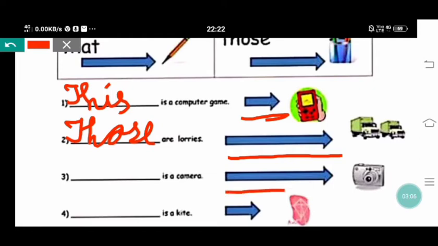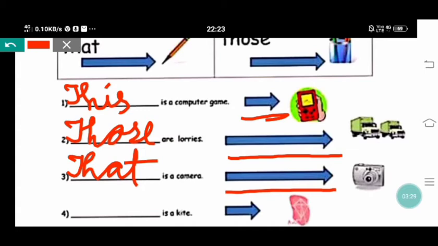Now once again, arrow is long. It means thing is far from you, but here is only one camera, so we have to use here that. That is a camera. Very easy, students. So only you have to identify arrow and write down this, that, these, those.